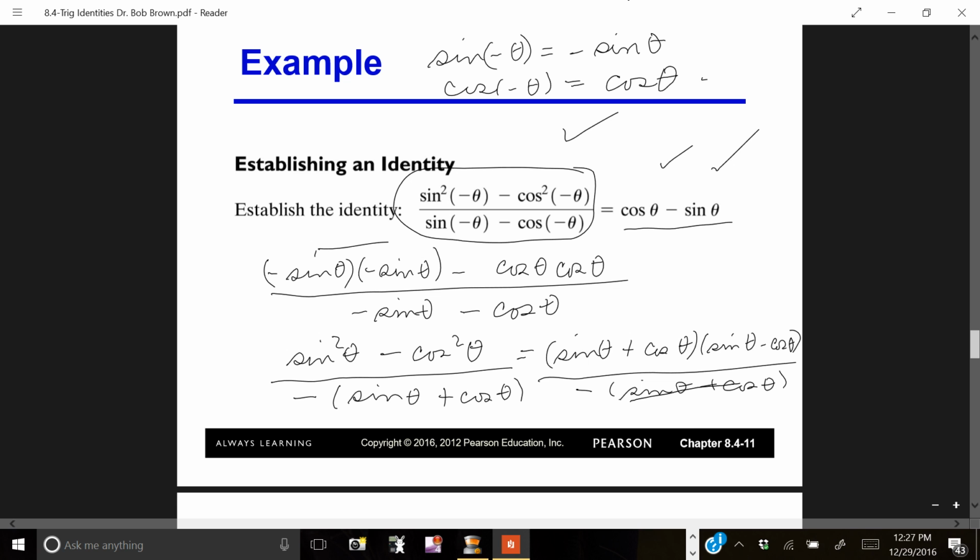And notice sine of theta plus cosine of theta cancels, and we can move this negative up to the top, and we will get cosine of theta minus sine of theta, which is exactly what we wanted to establish.